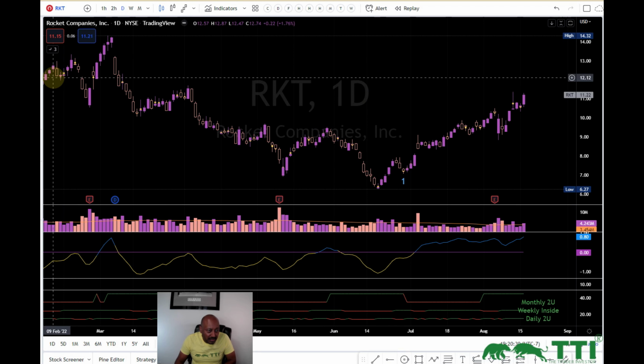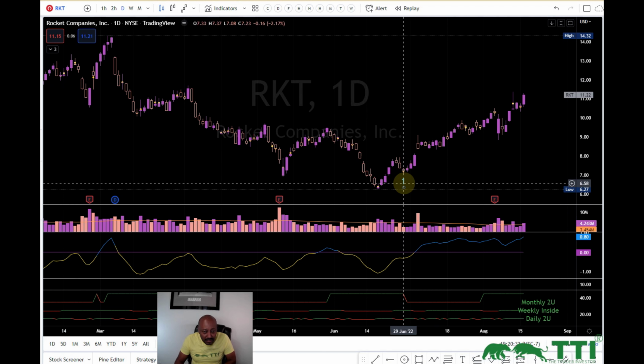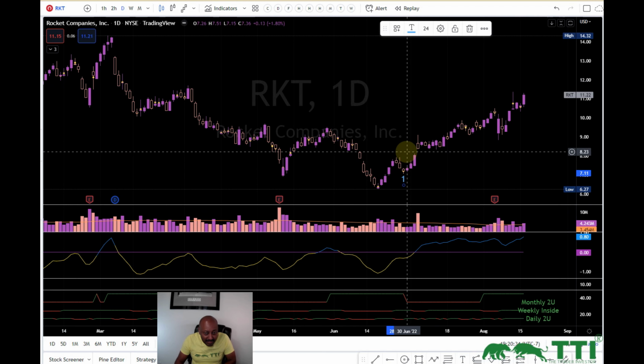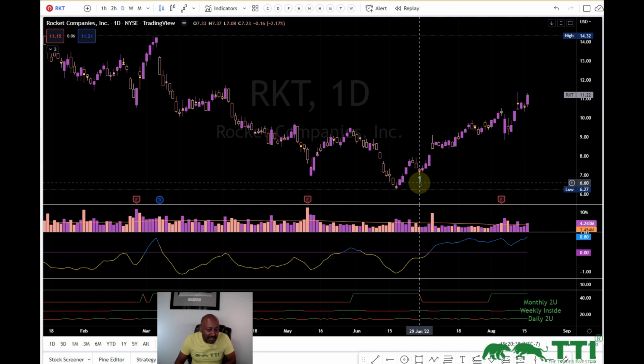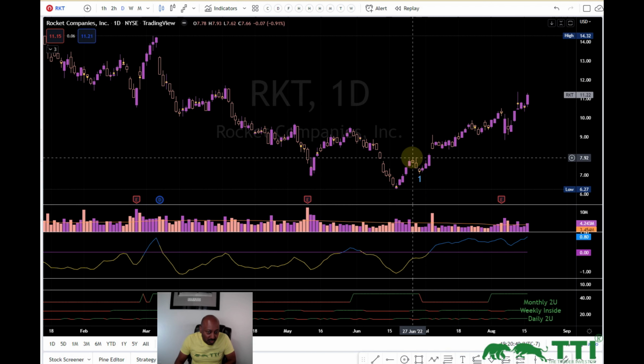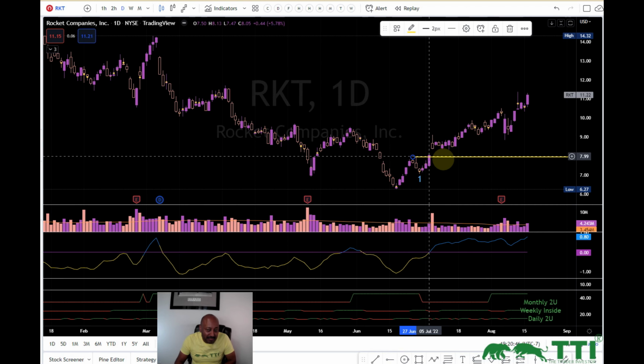Let me do this. So here's my one because I've had a low. Now I have a higher low. So I want to see, do I break this high for my entry?